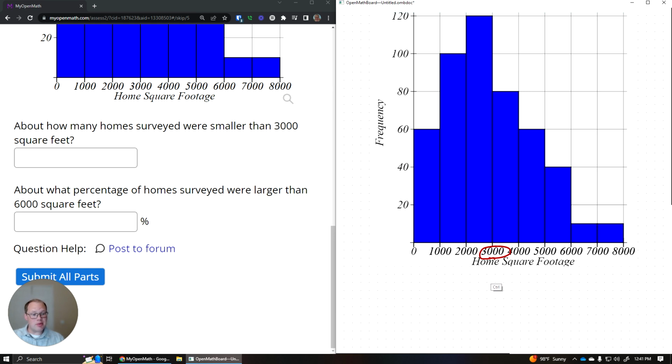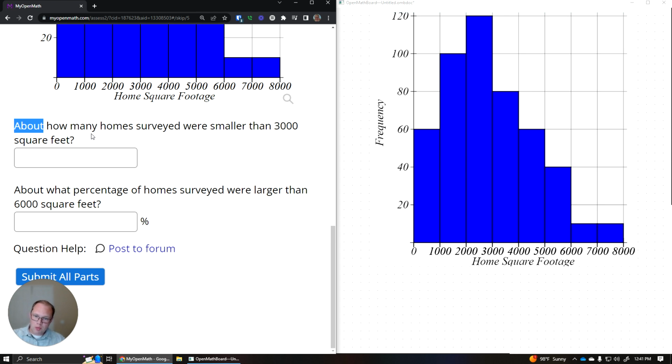So that's why we're dealing with "about." We want to know about how many homes surveyed were smaller than 3,000 square feet, because unless we know beforehand how the histogram was constructed, we usually don't know which bar exactly 3,000 would be in. And we're only interested in values smaller than 3,000 square feet.